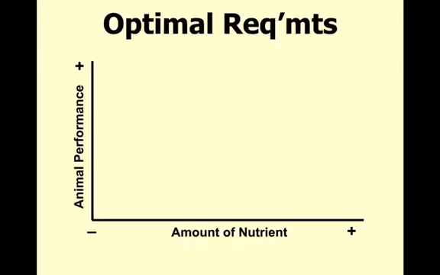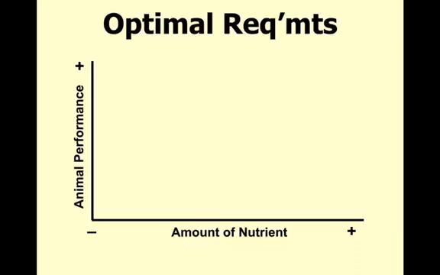Let's take a look. If we were to graph out production from the standpoint of whatever amount of a nutrient an animal needs. And this is going to be a generic graph. We're going to go from low levels of the nutrient to high levels of the nutrient. We're also going to go from low levels of animal performance to higher levels of animal performance. So we could think about things like, say, a lactating dairy cow. Small amounts of a nutrient, say protein, energy, calcium, phosphorus, whatever we want to evaluate, and how does that impact her animal performance?